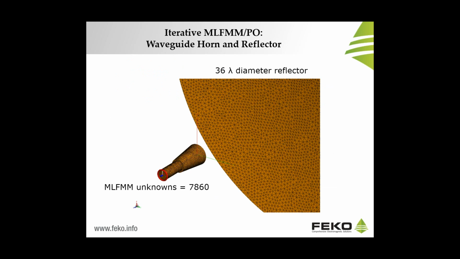Regarding this example that we're showing you now, we have a waveguide horn with 7,800 unknowns for the MLFMM, and for the PO we have a reflector that has a diameter of 36 lambdas.